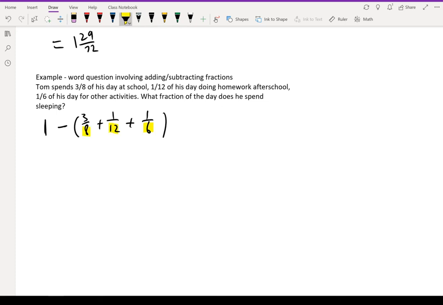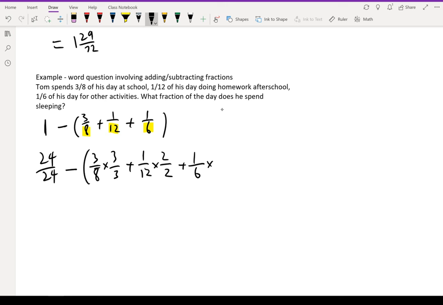And so the LCM of 8, 12, and 6 is going to be 24. And so it's going to be 1. I can change this directly to 24 over 24 minus, this is going to be 3 over 8 times, how to get from 8 to 24, times 3, so it times 3 over 3, plus 1 over 12, how do I get 12 to 24, times 2 over 2, and then how do I get 1/6 to be over 24? That's going to be times 4 over 4.